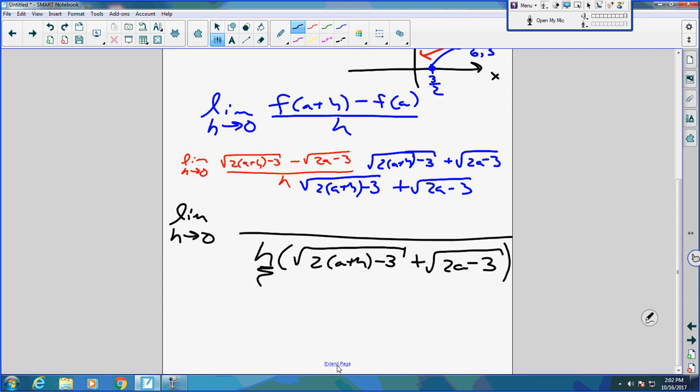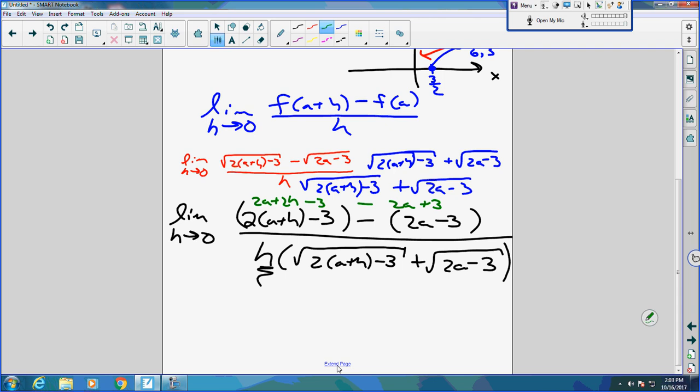When I multiply the conjugates in the top, I get that, right? The square root squared minus the square root squared. All right, if I distribute, I get 2a plus 2h minus 3, and then I write this, minus 2a plus 3.